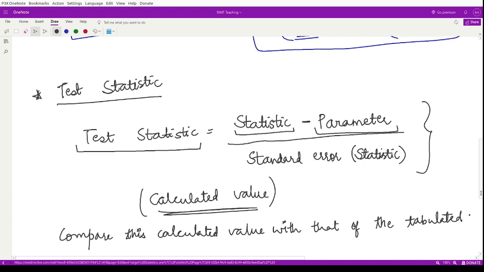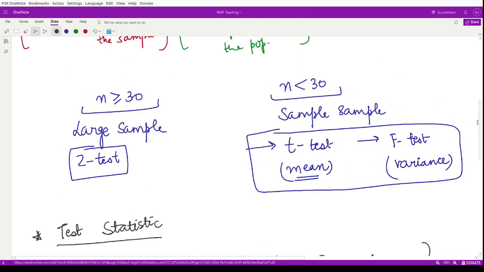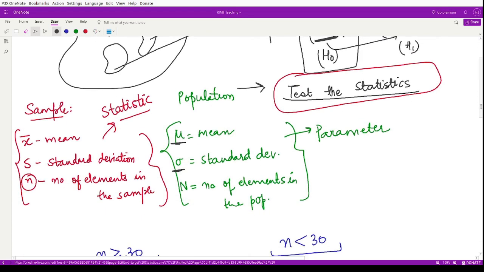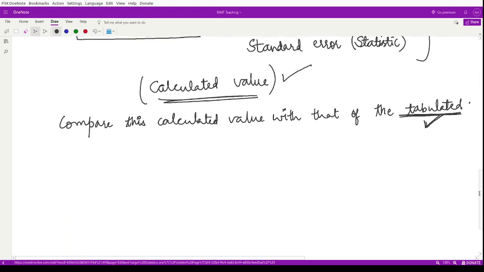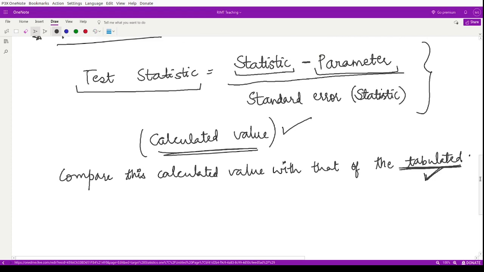For every test we have a table listed in the literature, so you compare your calculated value with the tabulated value and make the decision whether to accept or reject the null hypothesis. That is the funda here. We'll get back to this when we solve the problem, so you'll understand it more clearly there. For the time being, let's move on to our next term, which is level of significance.